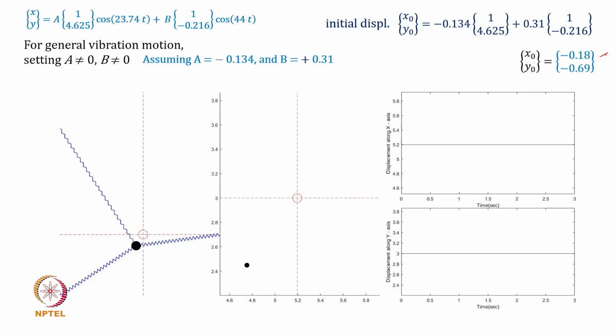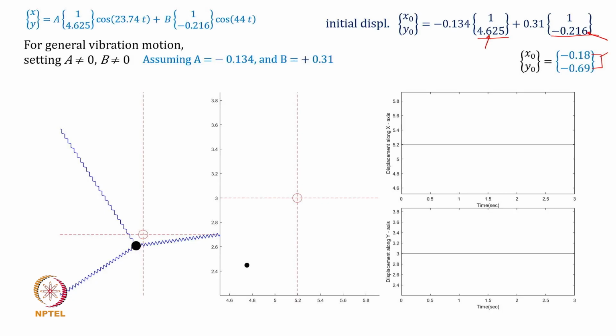If we release it from here, please note that the ratio of these two is neither this nor this. It is definitely not this because both of them are negative. It is not this definitely because that is positive, and the ratio is also not what is expected.